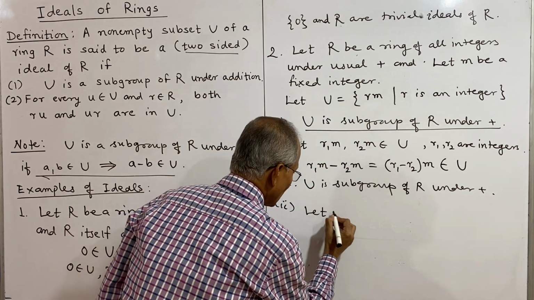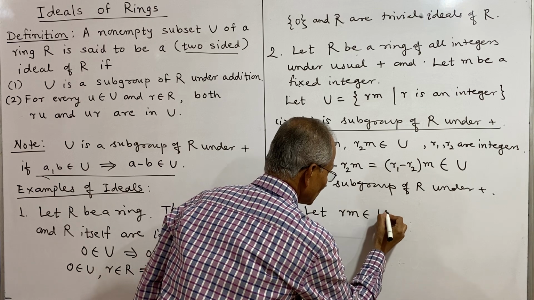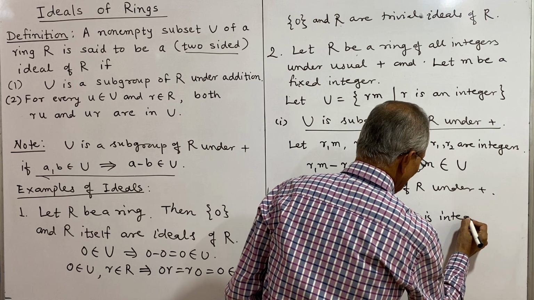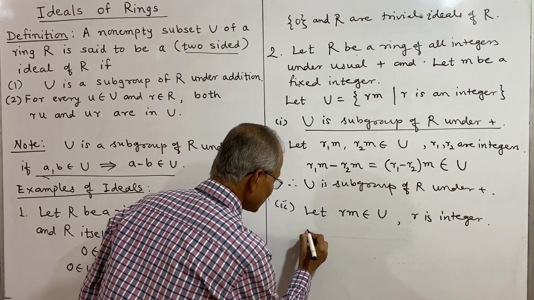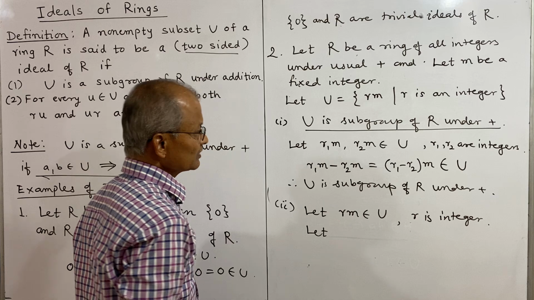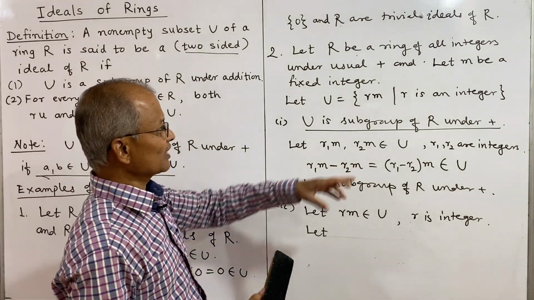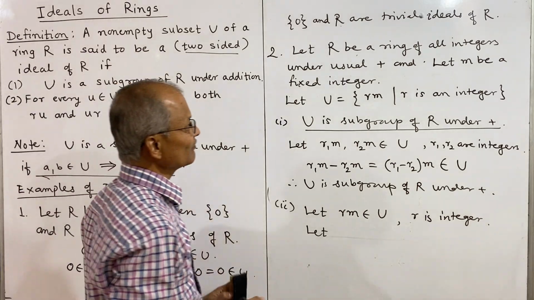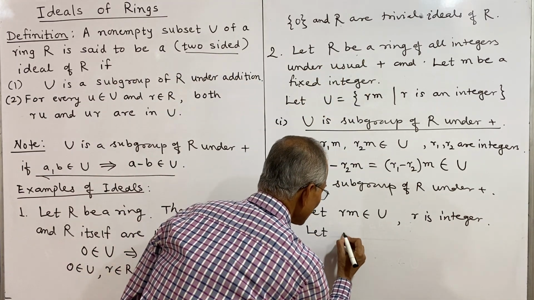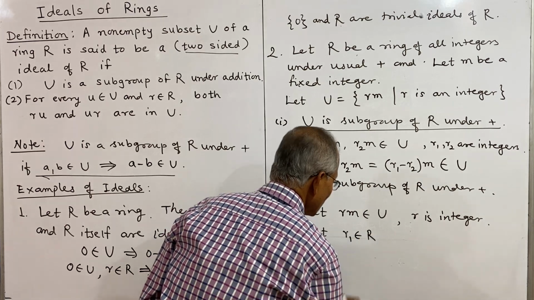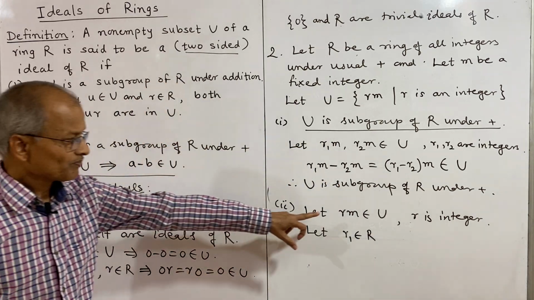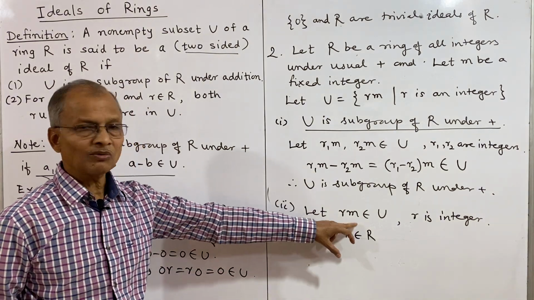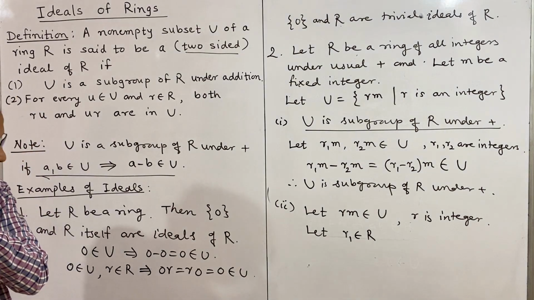Let rm belong to U, r is an integer, and further, one element we have to consider in U and another element in the ring. That other element in the ring we may consider r1, and let r1 belong to R. Now what we have to show is that the product of these two, that is rm into r1 and r1 into rm, is again in U.